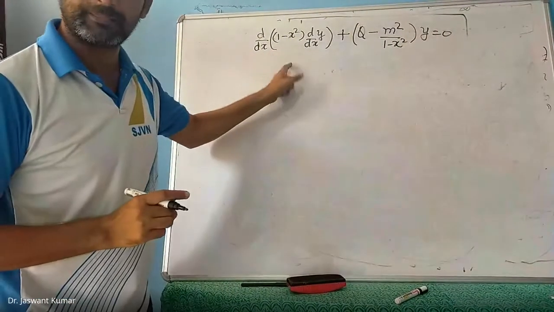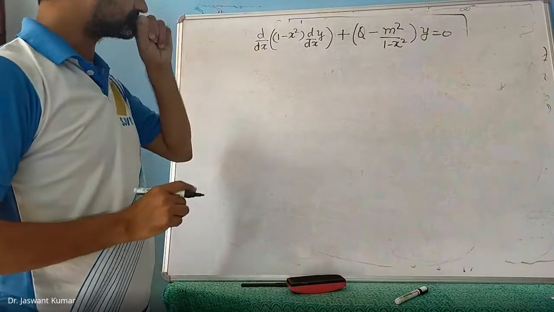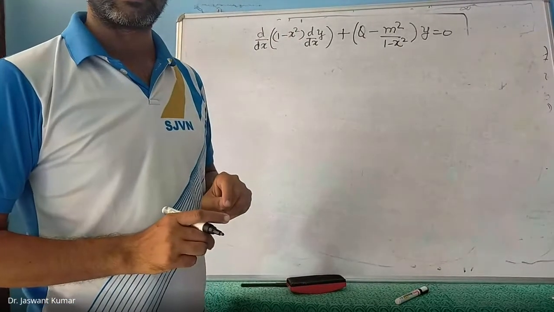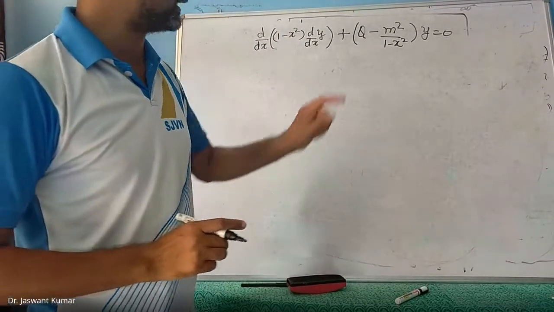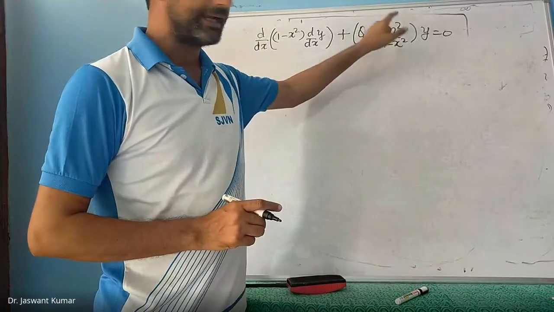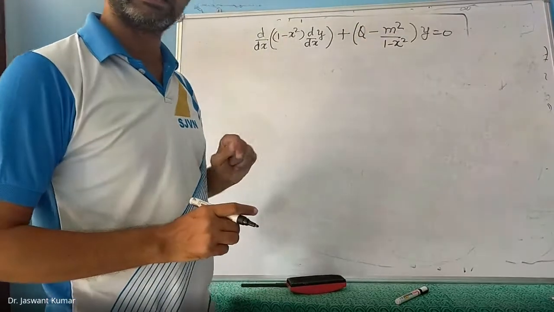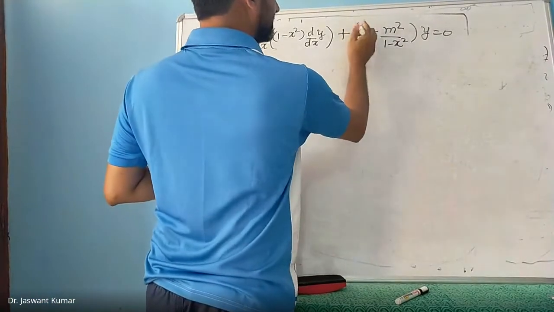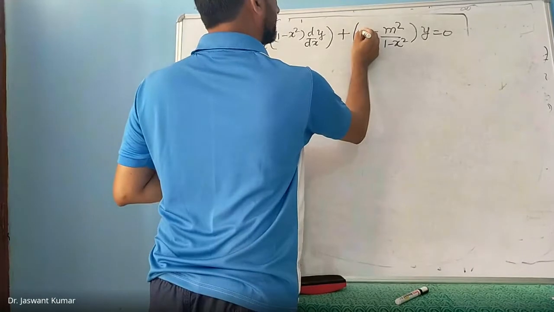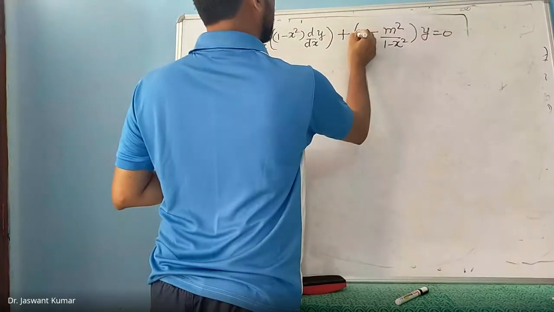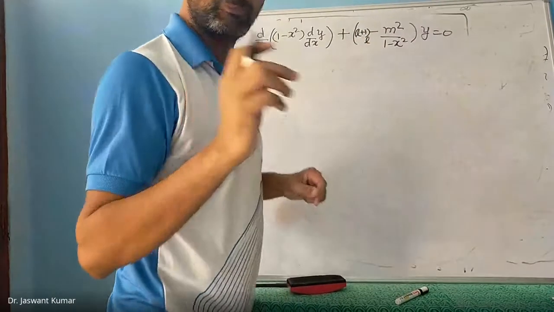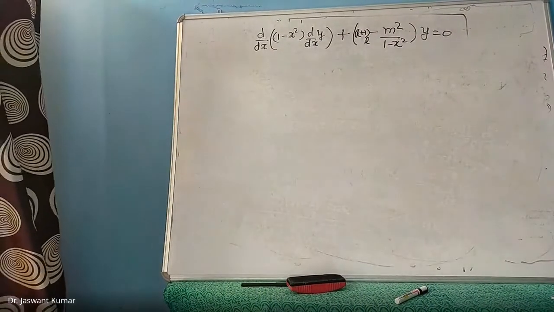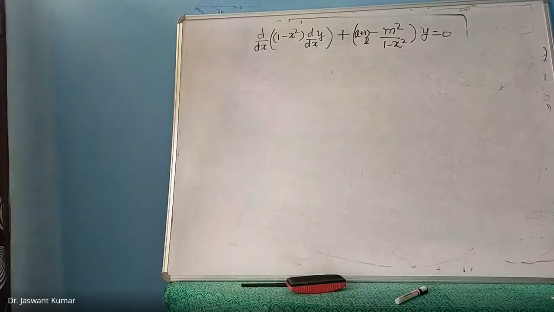This equation, if you remember, was called an associated Legendre equation. However, we put m equal to 0 and then it becomes the Legendre equation. And in the Legendre equation, one more thing we know is that this q came out to be L into (L plus 1).